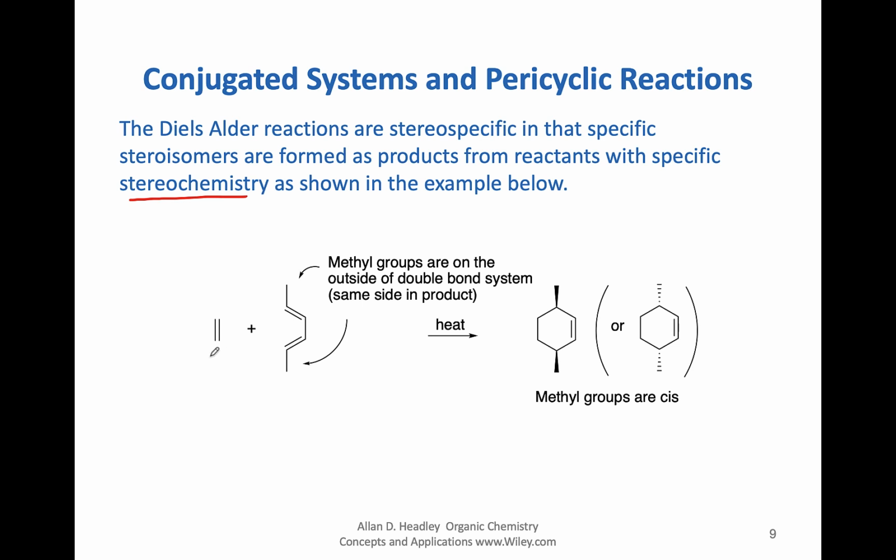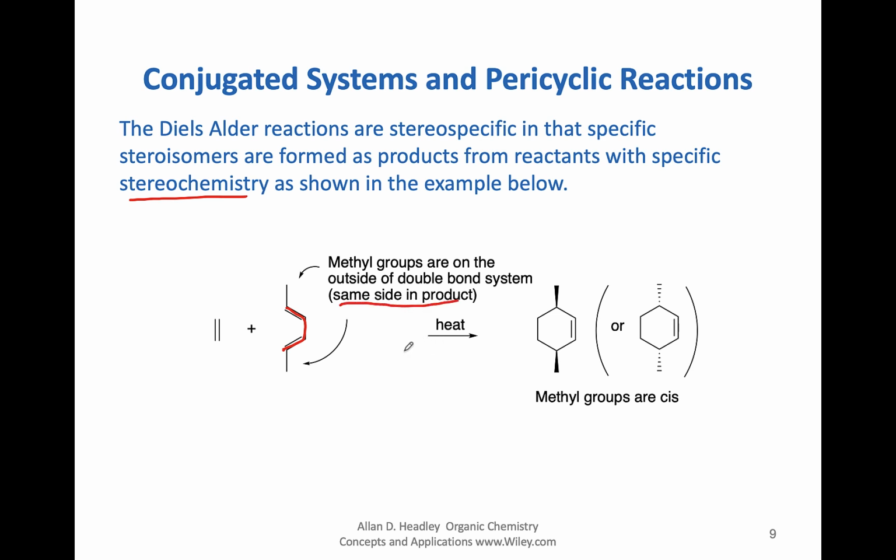So here's the dienophile and here's the diene. Notice the isomer here. This isomer of the dienophile has both methyl groups on the outside of the double bond system. In other words, they are on the same side of the double bond system.